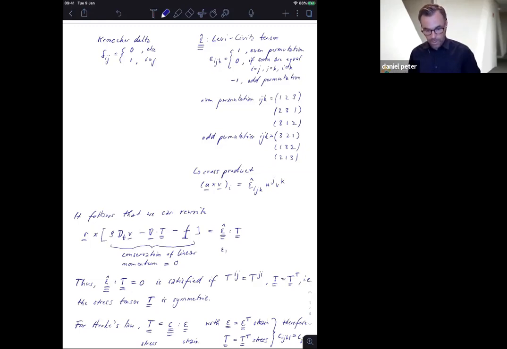So this would be epsilon ijk, then double dotted with Tij.